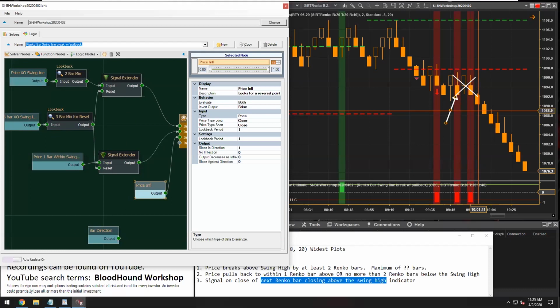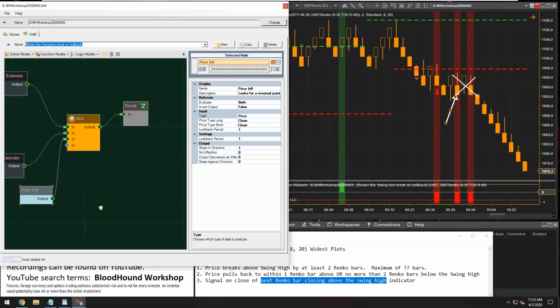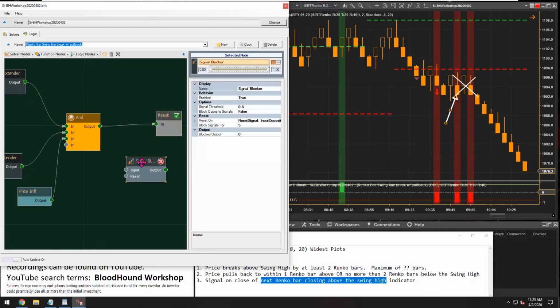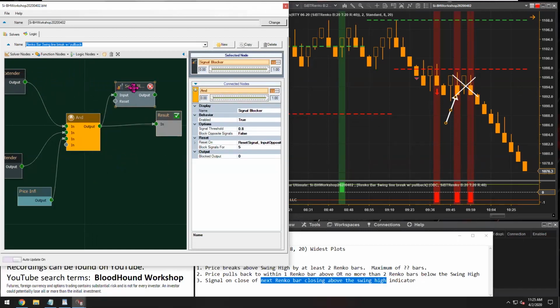Yeah, I'm not really thinking of anything, so I'm just going to take care of this the easy way, which is just using the signal blocker. The signal blocker is the easy way to take care of extra unwanted signals here. So just using the signal blocker with the default of blocking for 5 bars is all I needed.